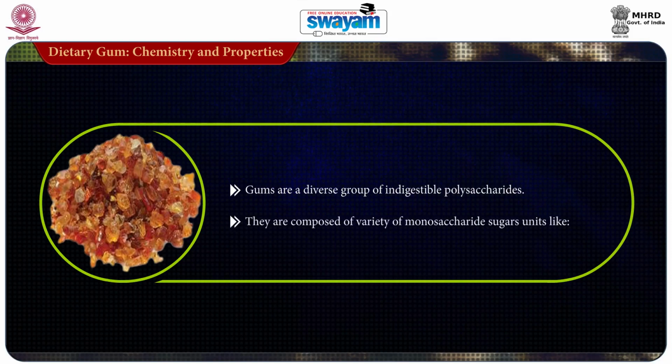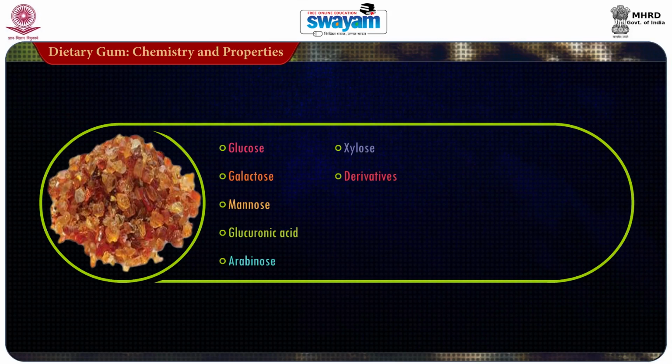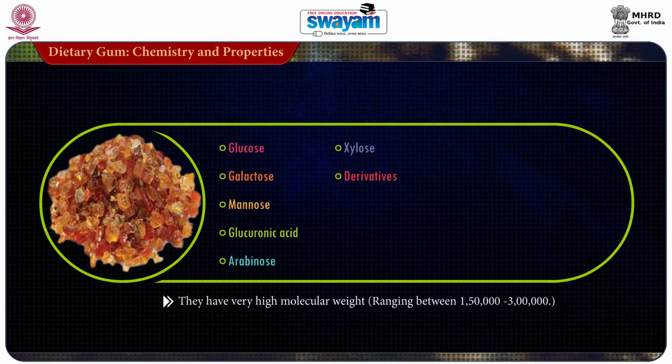They are composed of a variety of monosaccharide sugar units like glucose, galactose, mannose, glucuronic acid, arabinose, xylose and their derivatives. They have very high molecular weights ranging between 1,50,000 to 3 lakhs.